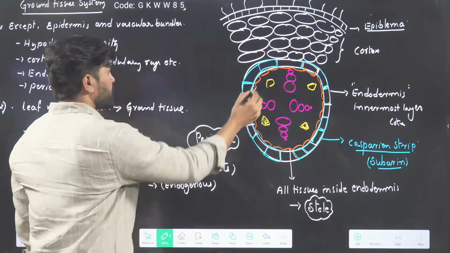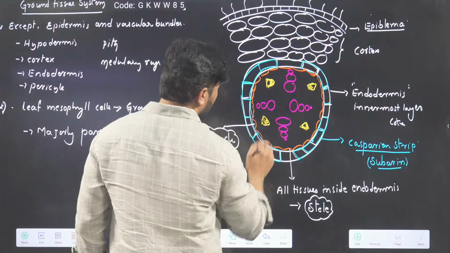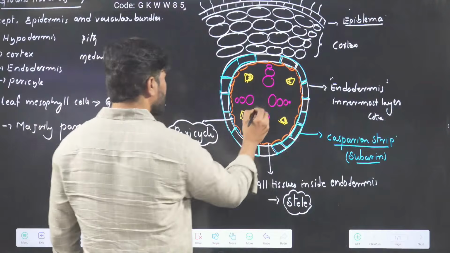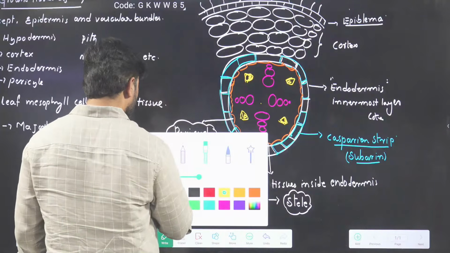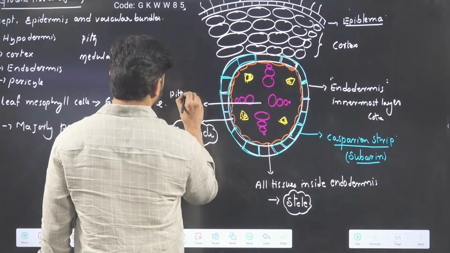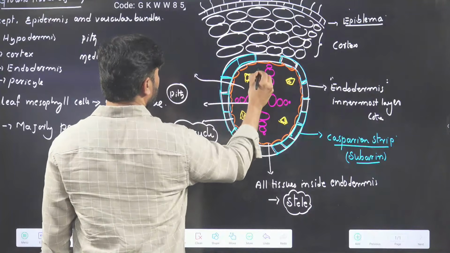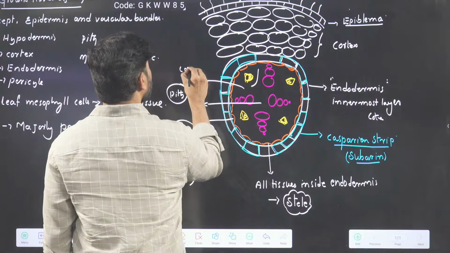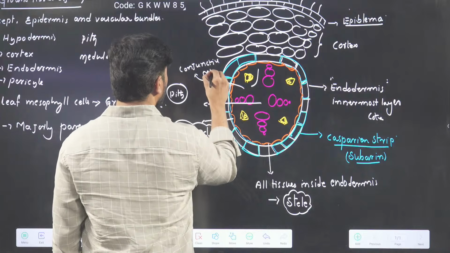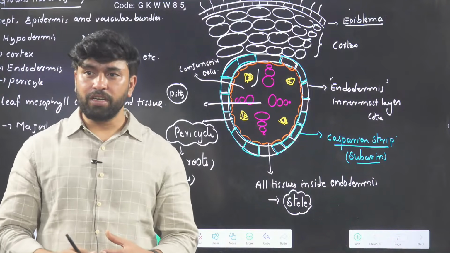Next, this is phloem. This one is xylem. The center part, this area, is known as pith or central area. And this portion, do you remember? Xylem and phloem are separated by conjunctive cells. This is about anatomical features of dicotyledonous root.